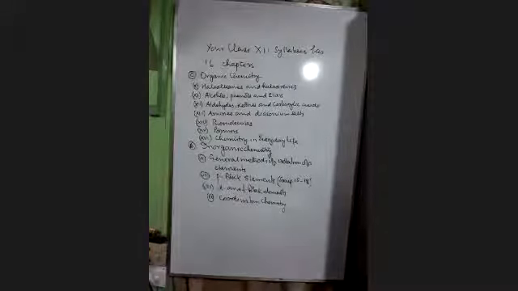So you should know, in your book, they have given all the chapters, but they did not classify. So at the very beginning, you should know which chapter belongs to which branch of chemistry.